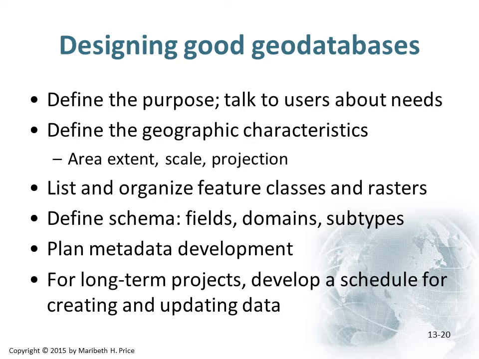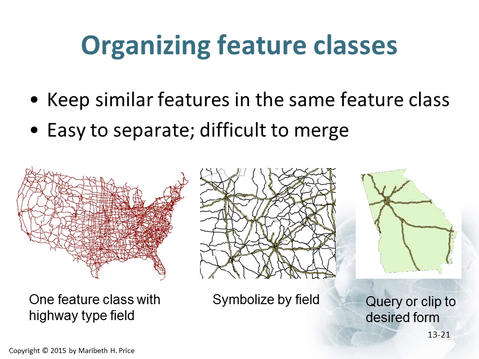You want to define your schema, your fields, your domains, and your subtypes so that you know what you're putting into your data. You want to plan metadata development, make sure that as you make changes to data that you update the metadata and record this. And you want to plan for long-term projects to develop a schema for creating and updating your data as well.